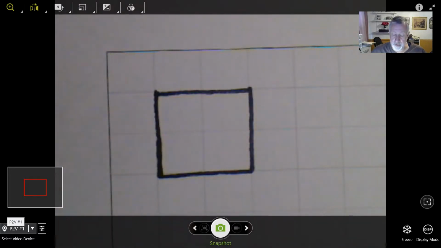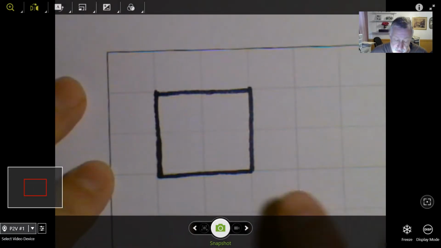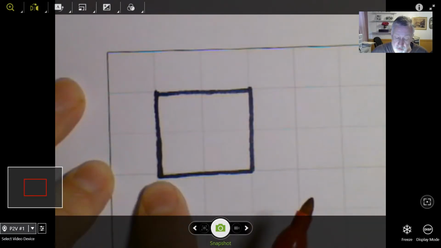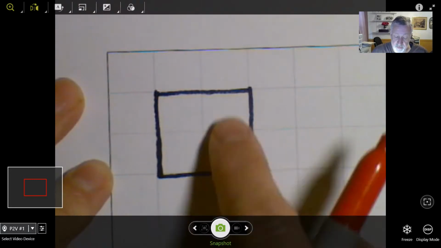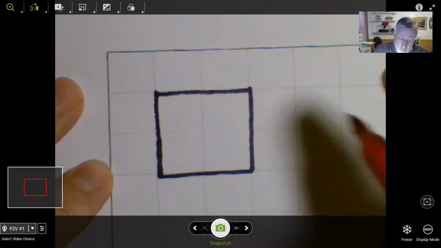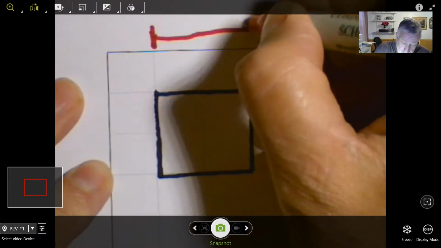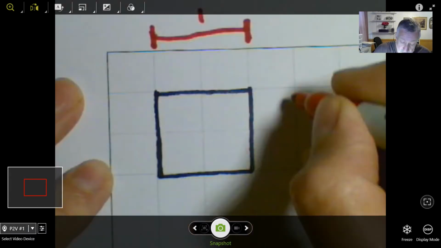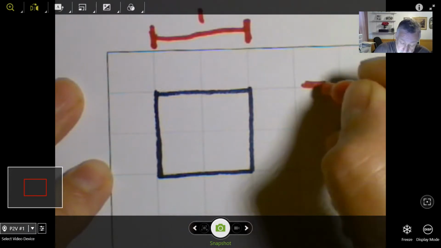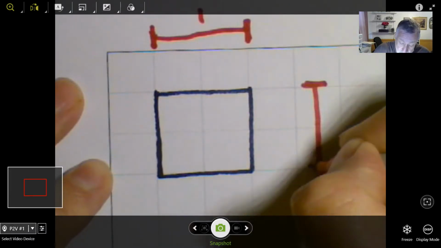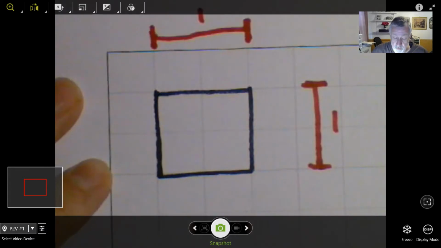And here's what I would like this square to represent. I would like this square to represent one whole unit. Instead of being 2 by 2, I want us to think of it as 1 by 1. So if I go from here to here, that is one whole, and from here to here, that is also one whole.